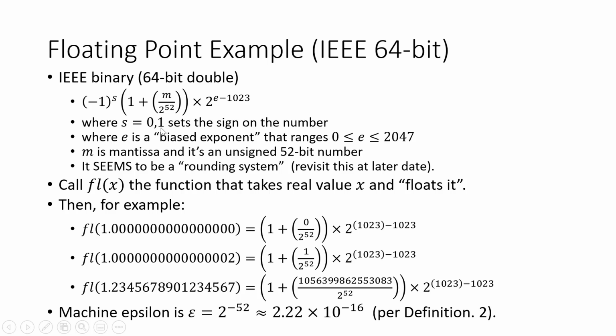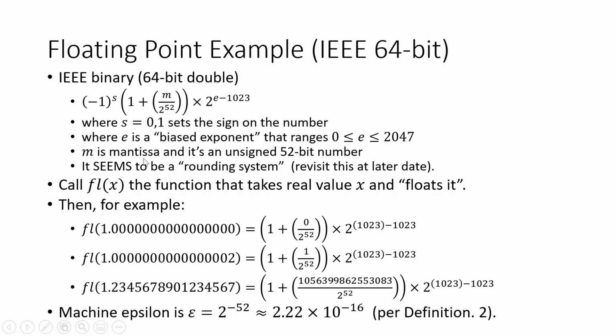So you have S as a 0 or a 1, 0 meaning it's a positive number, 1 meaning it's a negative number, because it is the exponent on this -1 prefactor. The E is biased, so you take whatever 11-bit number you have, 0 to 2047, and then you subtract off the 1023. So that's the power on our binary system, the power of 2.